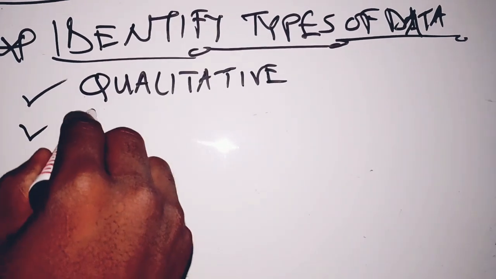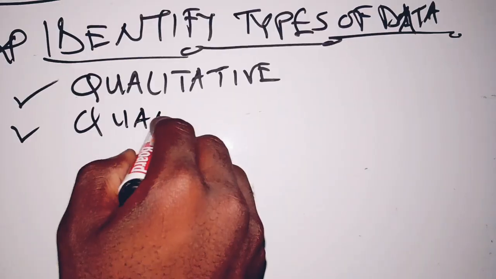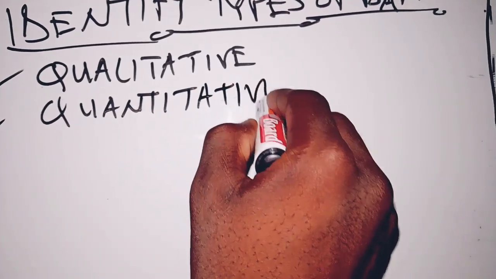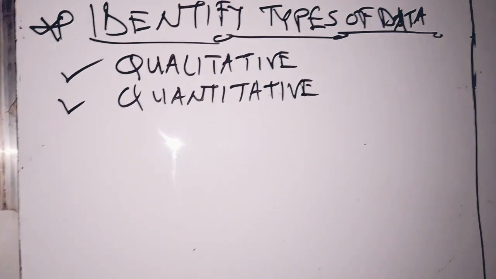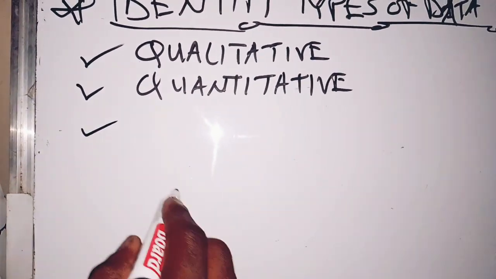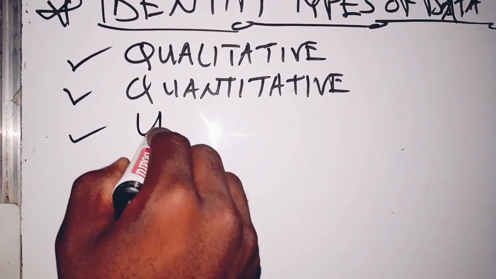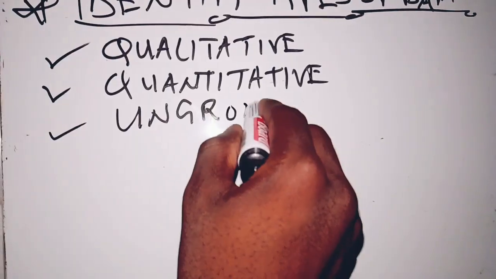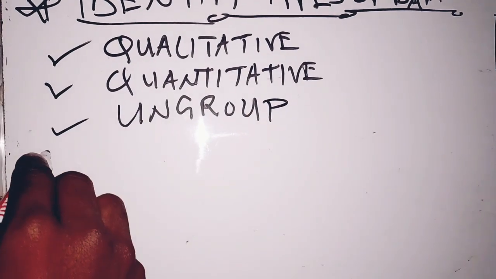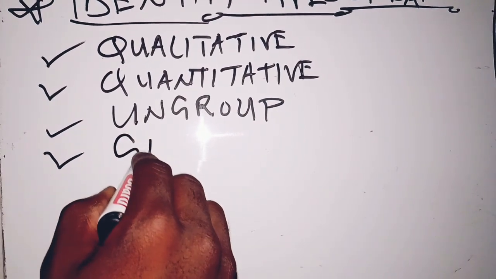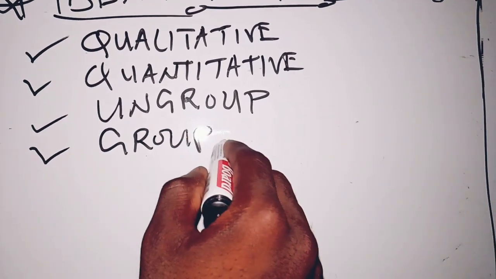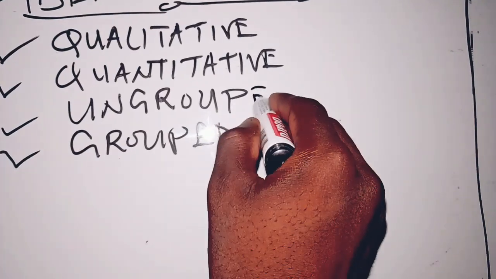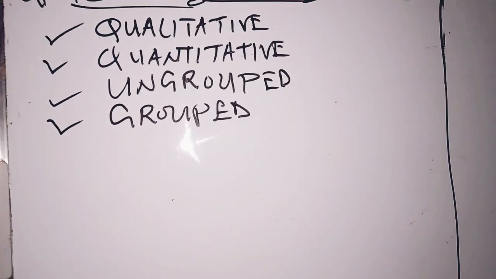You have quantitative type of data, and then you have ungrouped, and then you have grouped data.